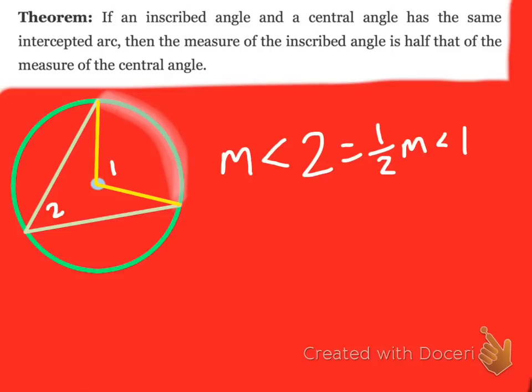Okay, so the inscribed angle is half that of the central angle, or vice versa. You could say that twice the measure of angle 2 would give you the measure of angle 1. So either one of those would work. Just multiply both sides by 2 or not. Then the measure of the inscribed angle, again, is half the measure of the central angle.